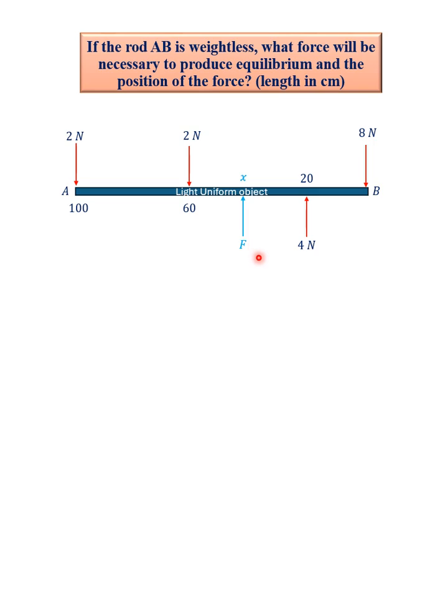By equilibrium of forces, we mean that all the forces acting downward must equal all the forces acting upward for the object to be in equilibrium. If that's the case, we have that 4 plus F for the forces acting upward should be equal to 2 plus 8 for the forces acting downward.